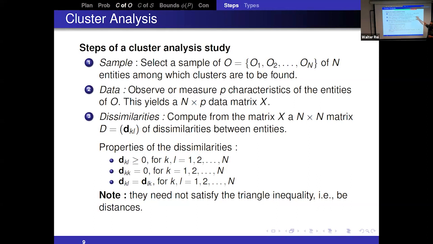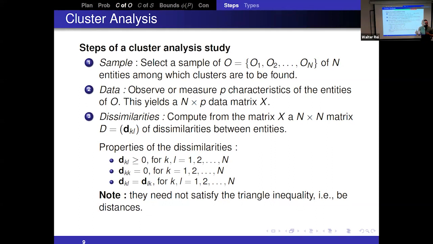You have your entities, and now step 2 is to associate the representative data for each entity. If you're dealing with a population of people, you could consider height, weight, gender, etc. So you have measurable characteristics of the entities. You select what data you will be basing your clustering on. So this is step 2.